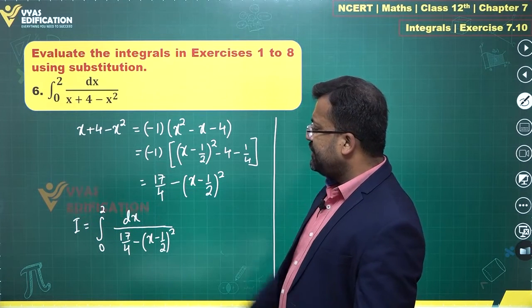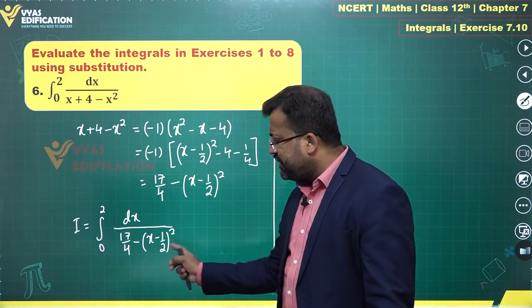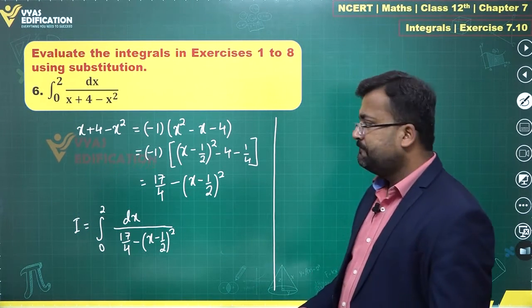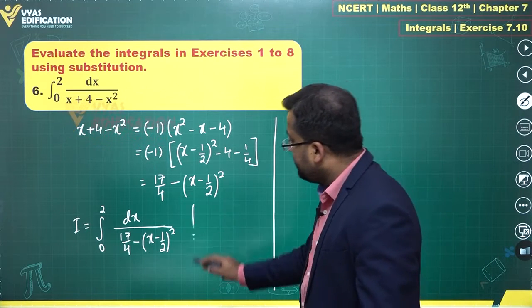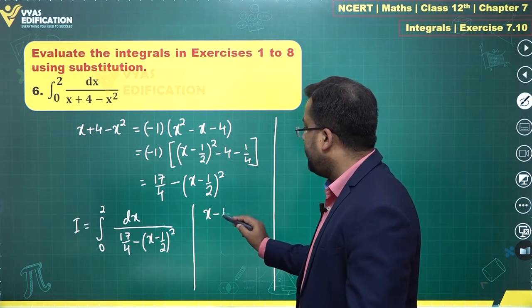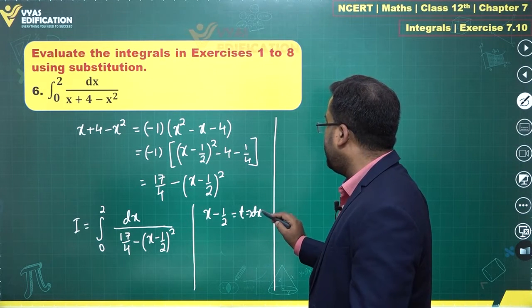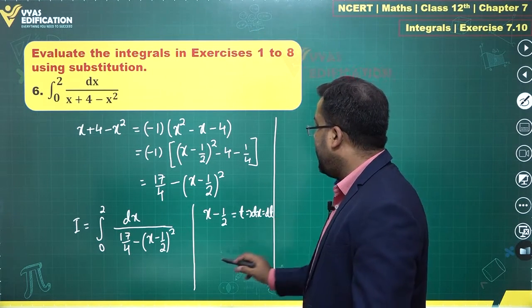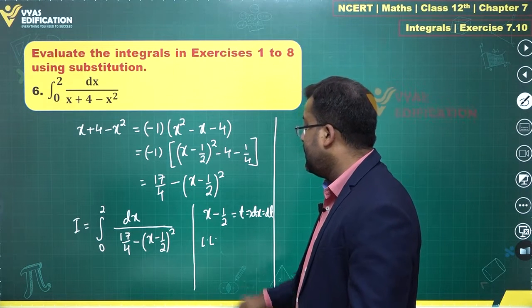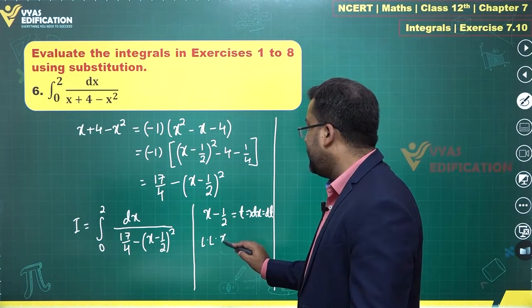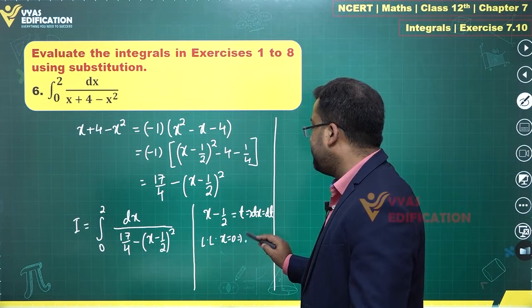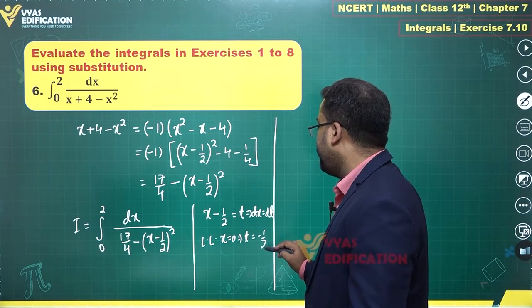But then using substitution, what we can do is substitute this x minus 1 by 2 as t. Right? So put this substitution x minus 1 by 2 as t. That tells me dx will be equal to dt, and lower limit says x equals 0. This tells me t will be minus 1 by 2.